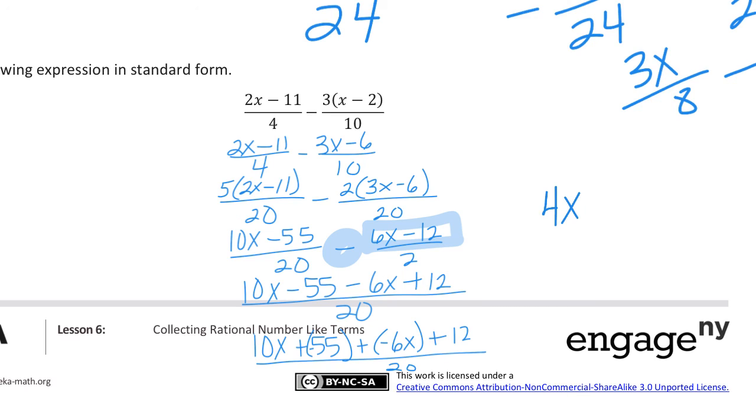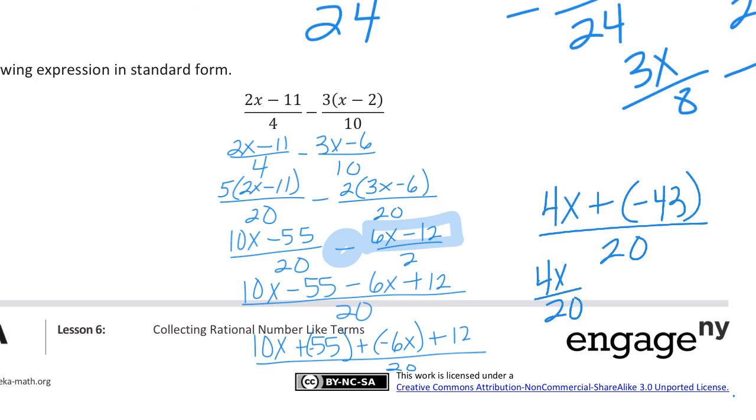Negative 55 plus 12 makes a negative 43 over 20. And then this is where we break it back down and put them each over their separate one. So 4x over 20 minus 43 20ths, and then simplifying our terms, we have 1/5 x, or x over 5, minus 2 3/20.